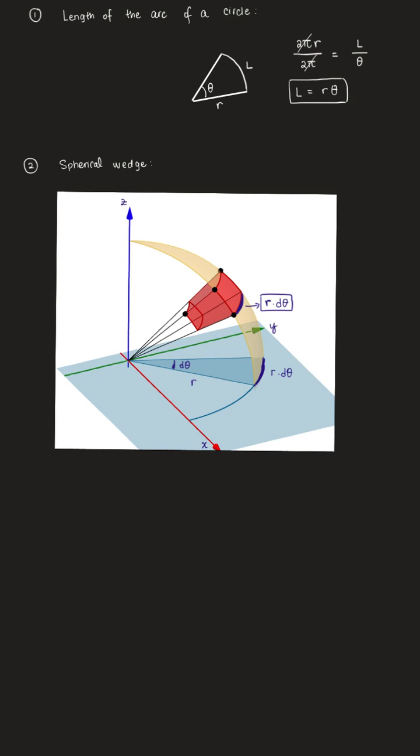Notice also that the horizontal ones right here and here, those are caused by a little change in phi. So, right, this is angle phi, and we change it by a little bit. Let's call that little change d phi. And so we want to know, what is the arc length of one of these pieces, right? And when the boxes become arbitrarily small, I only need one of these lengths. So let's take that one. And that's going to be the radius.